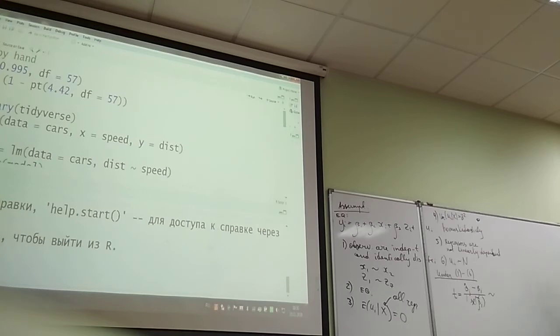Yeah, right. With how many degrees of freedom? N minus k, where n is the number of observations, and k is the number of parameters of betas.